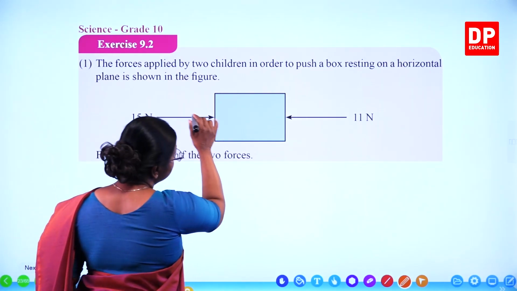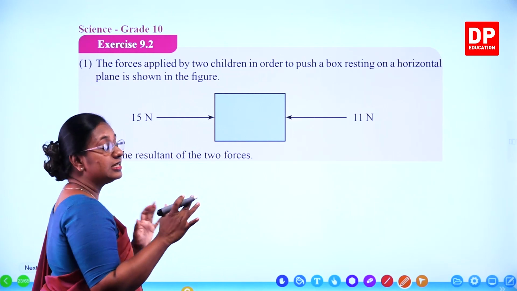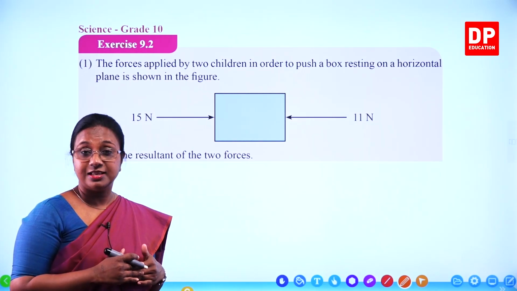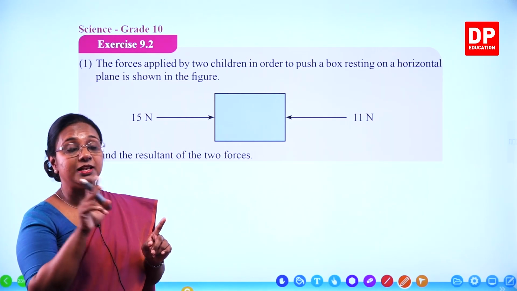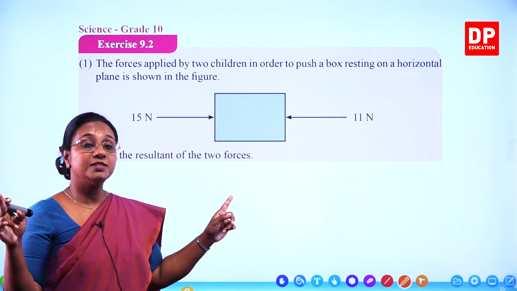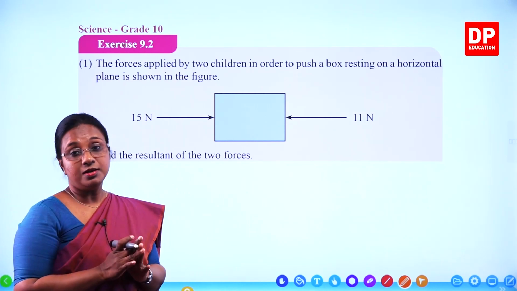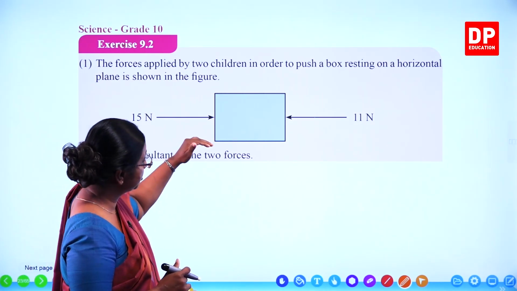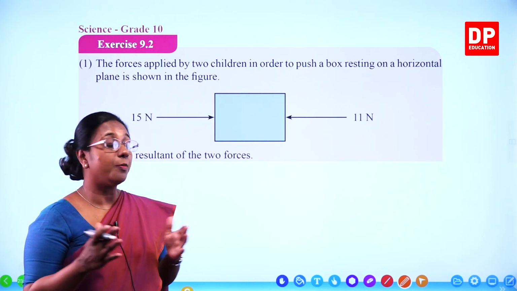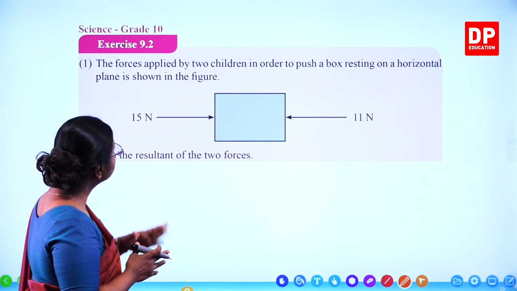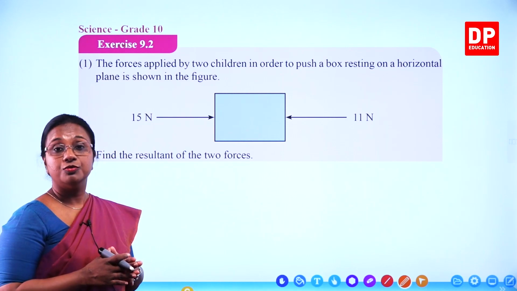Although the forces are shown this way, you can understand they are acting in the opposite direction. So far we had the object in the middle. We showed the forces away from the box. Here both are push, but still you can see the push forces are in opposite direction. So find the resultant of the two forces.